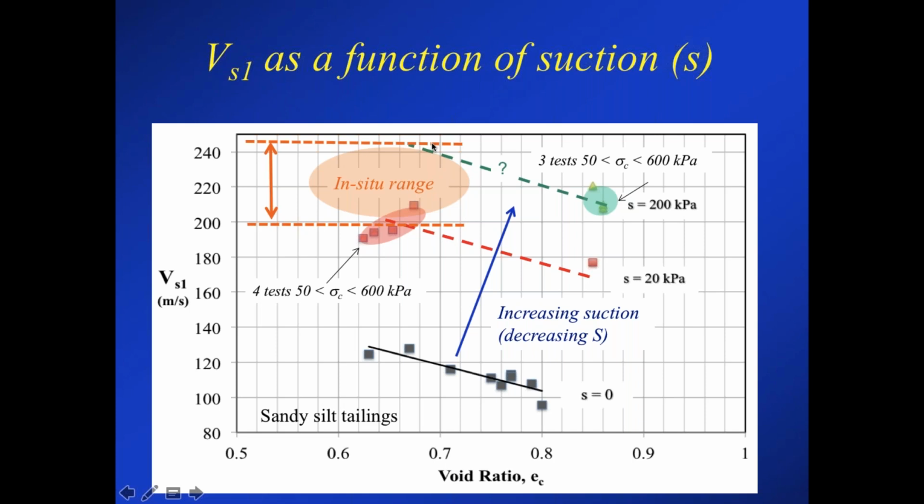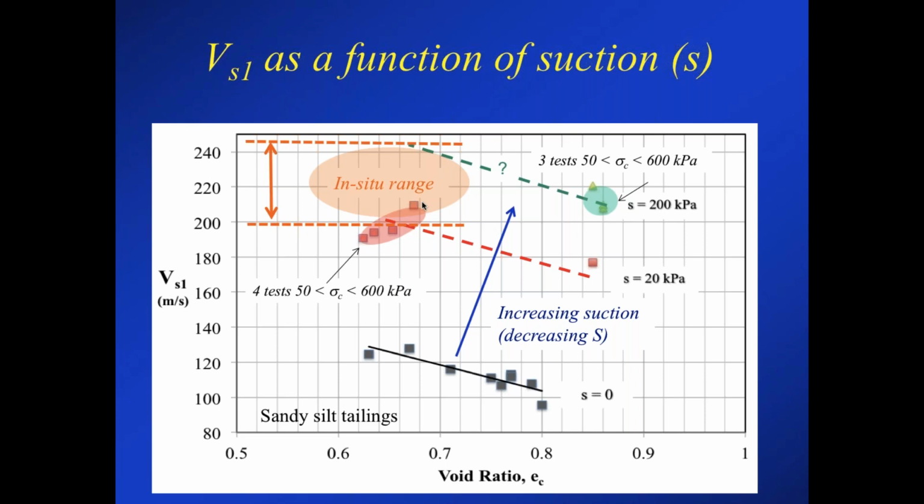So I've drawn a zone and said this is likely where the in situ values are in terms of both suction and shear wave velocity, and that means that the in situ void ratio is probably in the range of 0.6 to 0.7. Obviously, as you go deeper, it's probably closer to 0.6, and shallower, it's closer to 0.7 because of the overburden pressure.